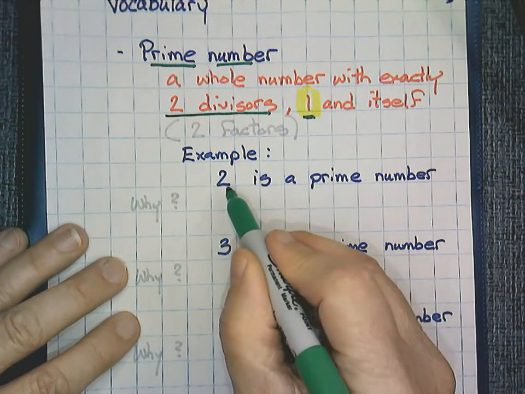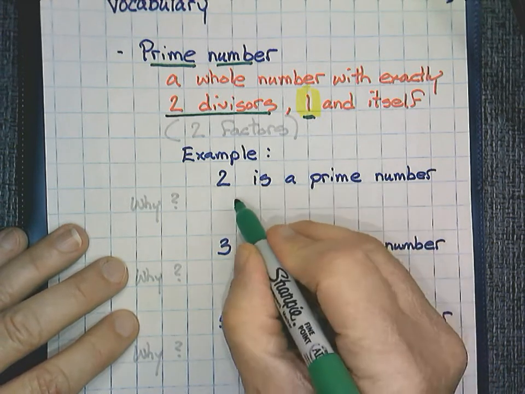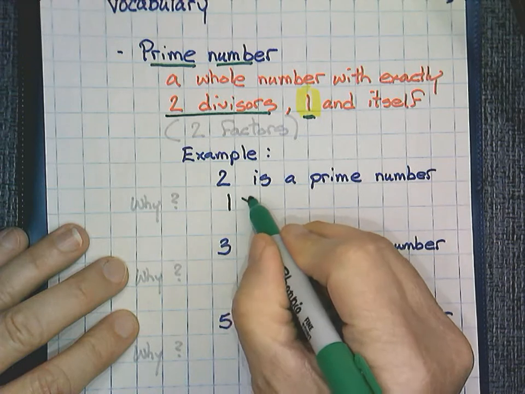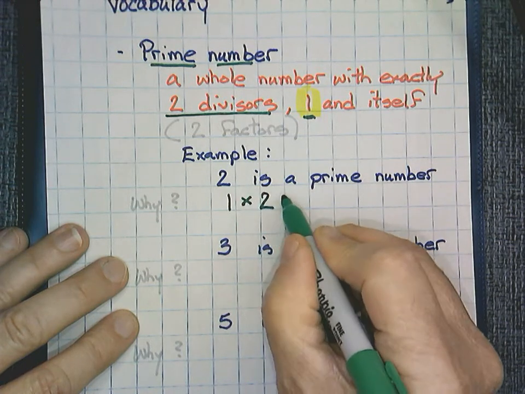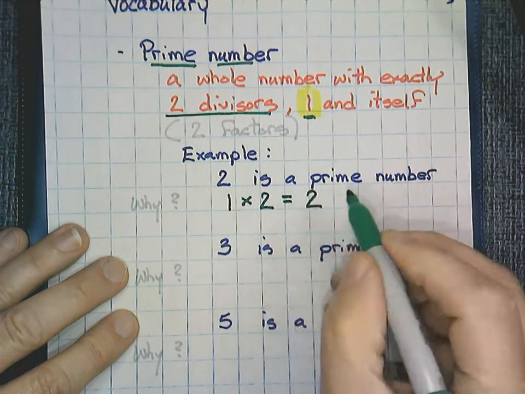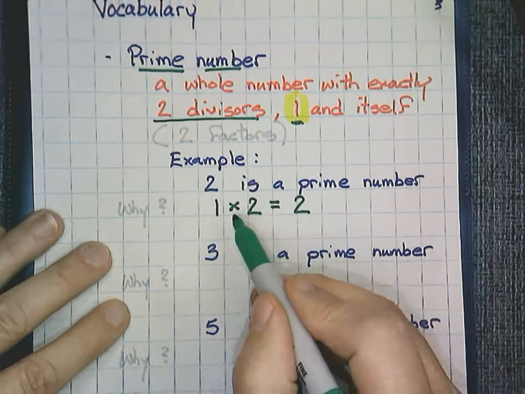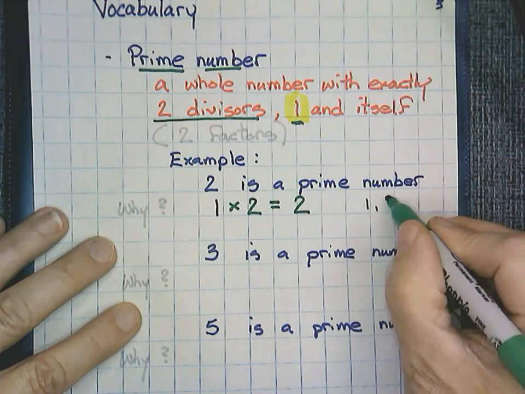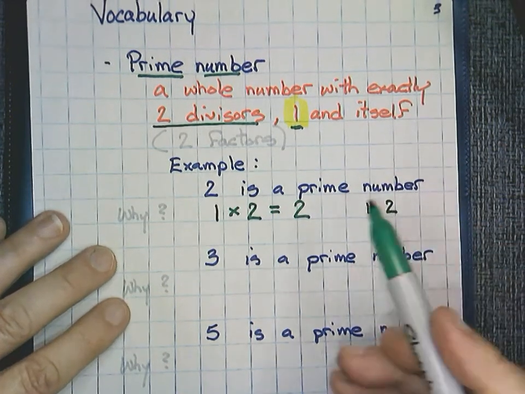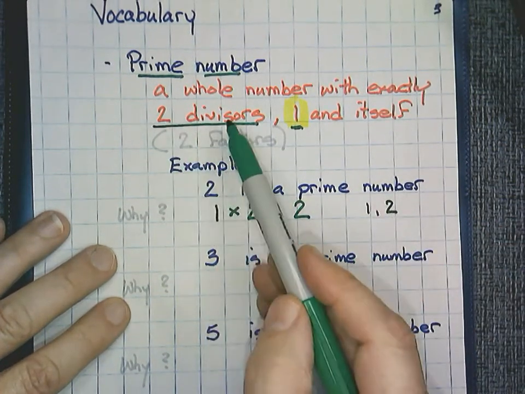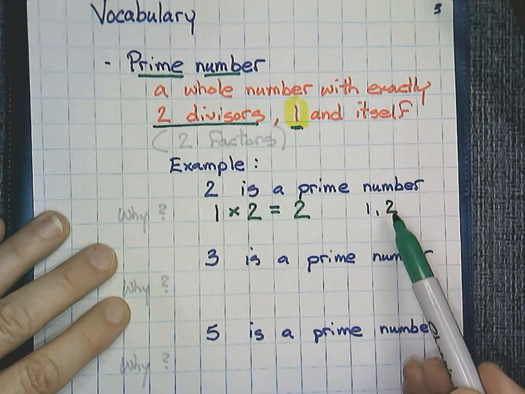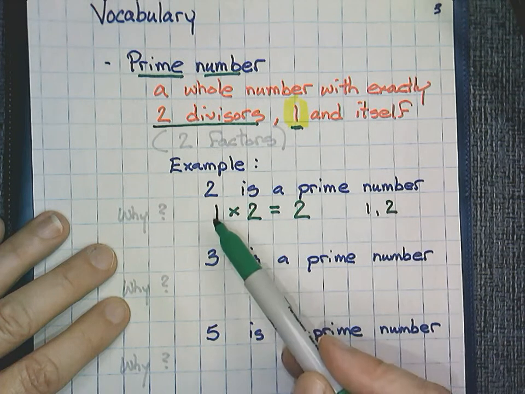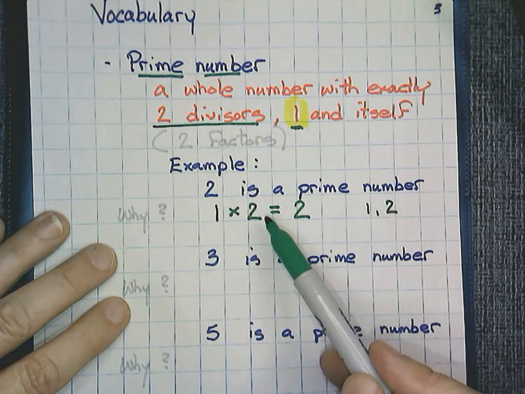The only way to get 2 is if I multiply 1 times 2. You notice that if I list these factors, I see 1 and 2. And remember, our definition is that there are 2 divisors. Remember, that could also be called a divisor because 2 divided by 2 would equal 1, and 2 divided by 1 would equal 2.